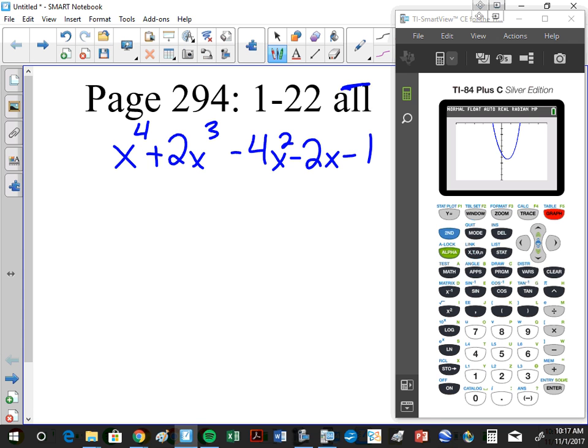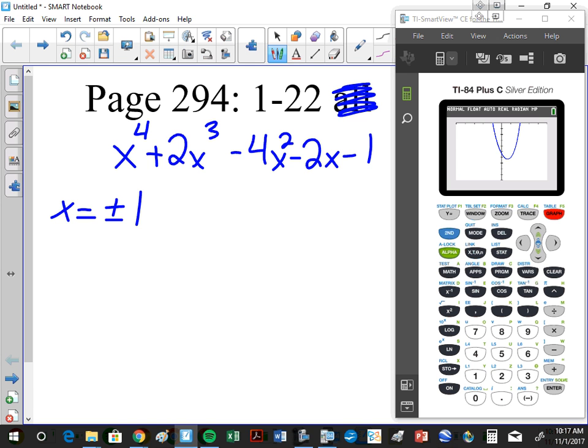We're going to change this to odd. Okay. What are the possible rational roots? x equals plus or minus 1, because those are the only factors of the constant. And does this have any fractions? No. So 1 and negative 1 are our only choices.